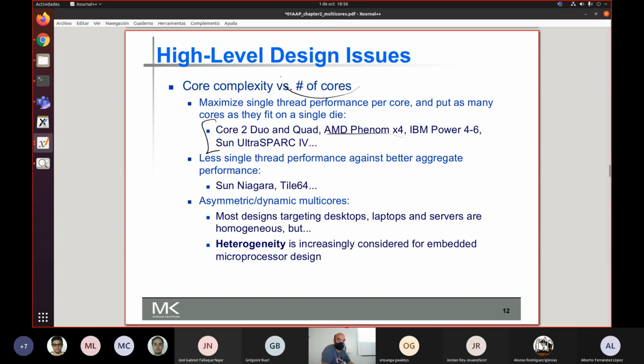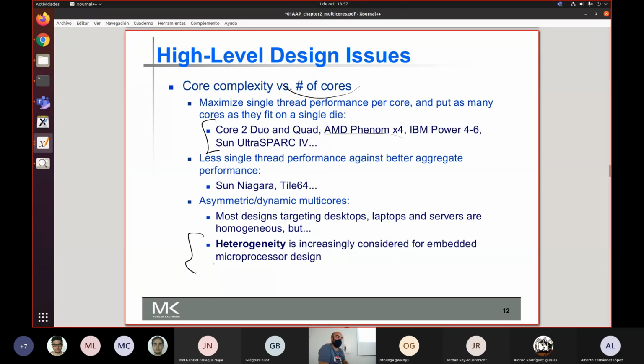Another approach that is not very popular nowadays, but there are some manufacturers, is a rumor that has been appearing for 10 years, that they are going to make heterogeneous chips. And I believe that there are some samples in the latest Intel architectures. The idea is that not all the cores are going to be equally capable.